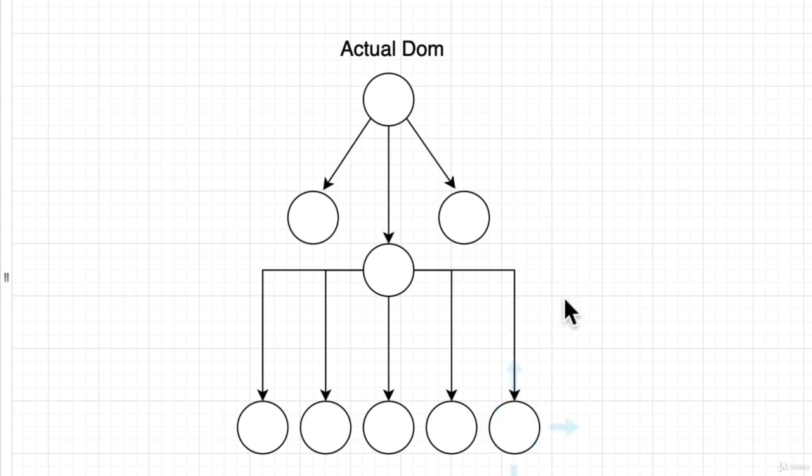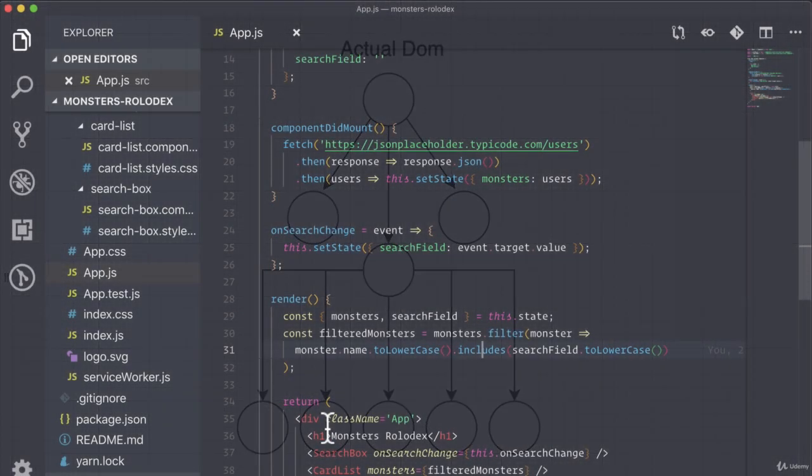However, in order for our actual DOM to update any of these elements, it's actually extremely slow. So it takes the DOM a lot of energy to update any of these elements. Now, what React does is it copies this actual DOM tree and it makes it in JavaScript, just like we see when we write our JSX.